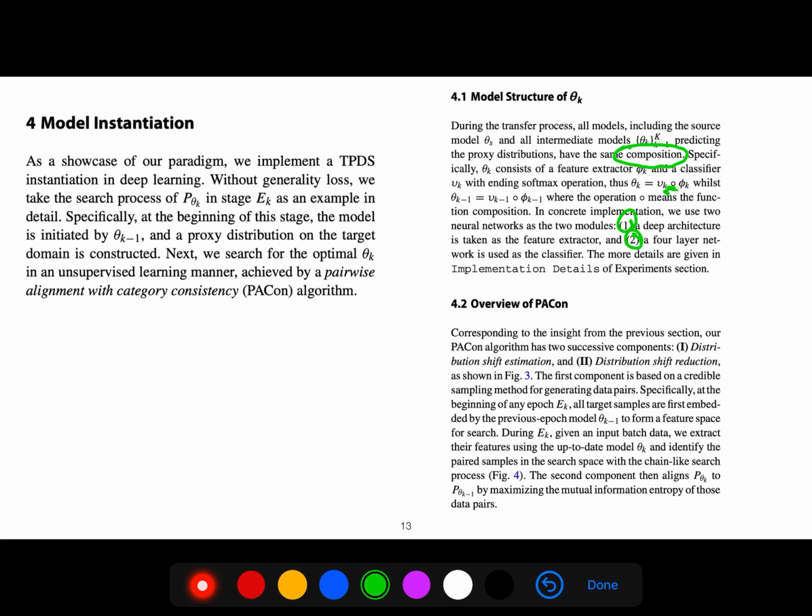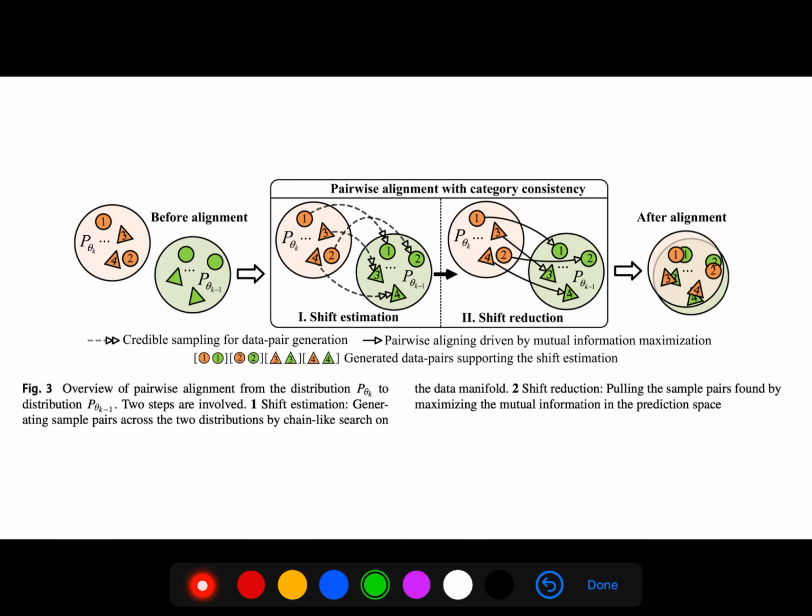The second one is a 4-layer network, which we use as the classifier. So you see the overview of the pairwise alignment from the previous distribution to the next one. Two steps are involved. First, shift estimation, generating sample pairs across two distributions by chain-like search. The second one is shift reduction, pooling the sample pairs found by maximizing the mutual information in the prediction space.